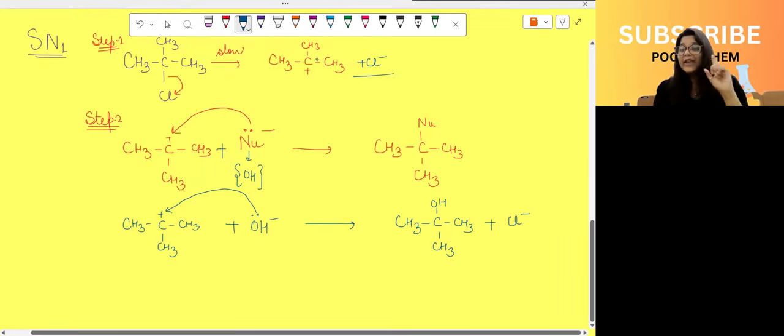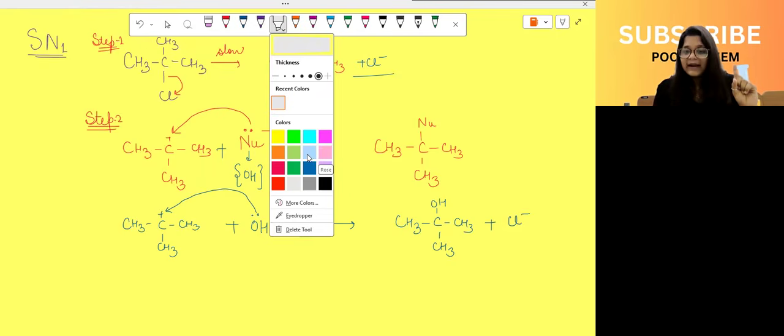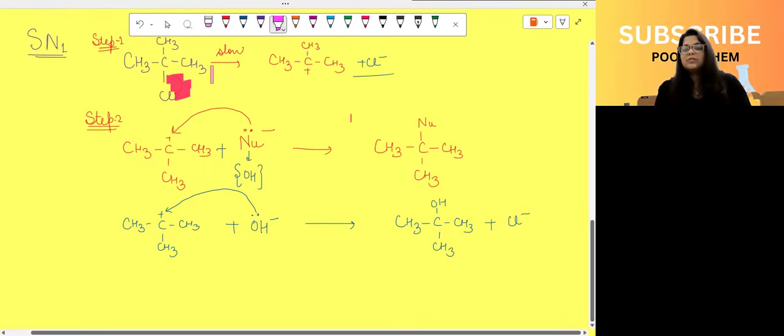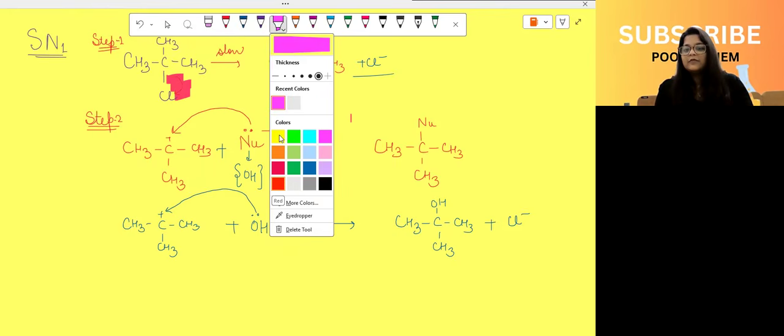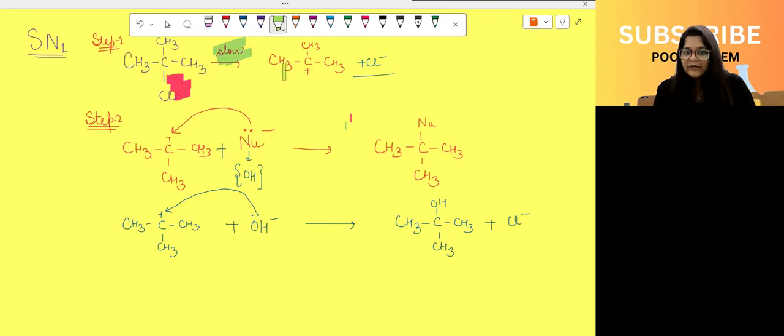Correct? So when you have to draw an SN1 mechanism, the thing you need to keep in mind is firstly this arrow. You have to show this arrow very, very carefully. You cannot miss this particular arrow. This is very important. Then this is a slow step reaction. Over here, you show this particular carbocation with this negatively charged ion.